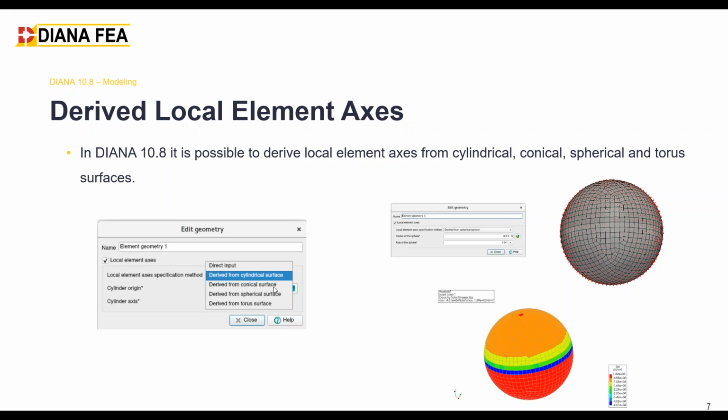It means that when you use one of these derived systems, you can also present some of the output in this local axis, such as the stresses and the strain. So in the output section of your analysis, if you now go for strain local or stress local, it will present the stress and strain in the local axis, whether it's derived from a cylindrical, conical, spherical, or torus surface.